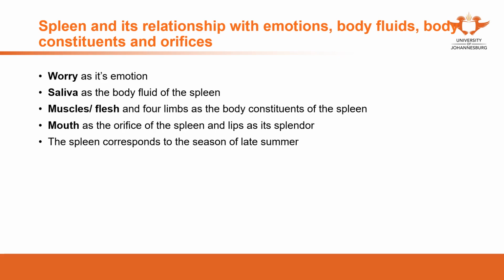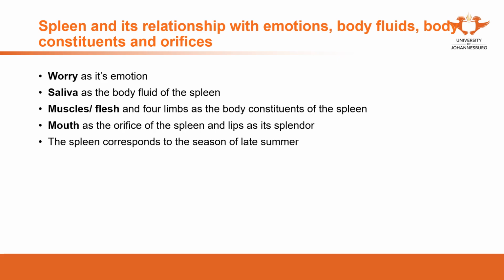The spleen corresponds to the season of the late summer. There are two different theories of the late summer. One refers to late summer to early autumn, so this period we call the late summer. The second theory refers to the last 18 days of all seasons.